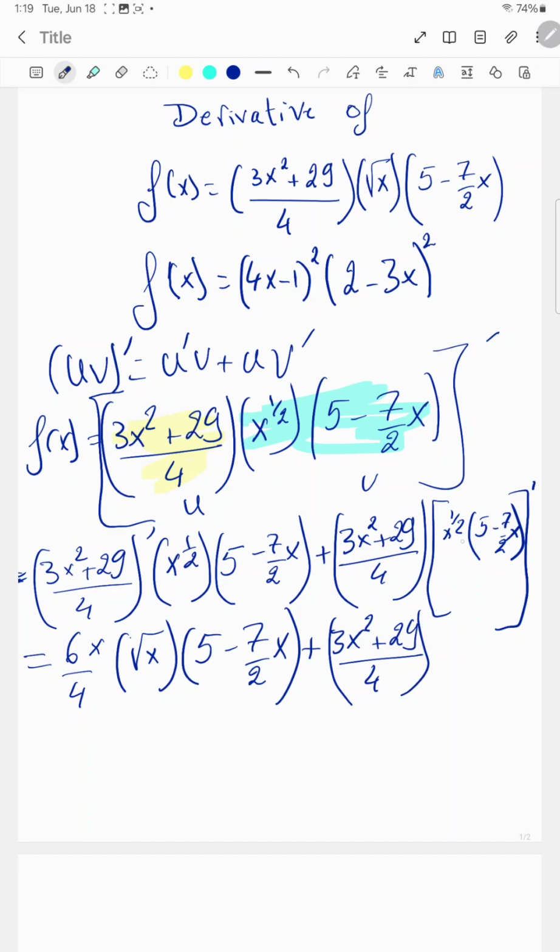And I want to derive x to the power 1/2 times (5 minus 7 divided by 2x). So in that case, this becomes my u and this becomes my v.